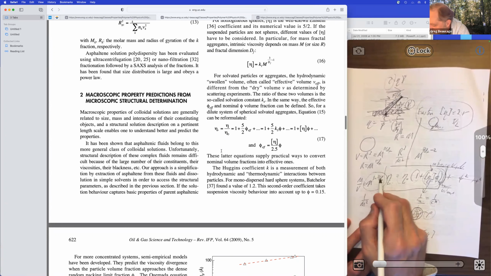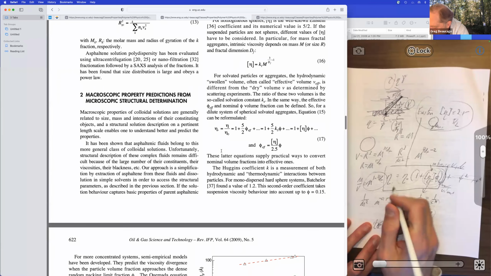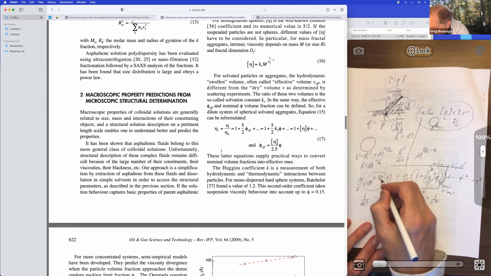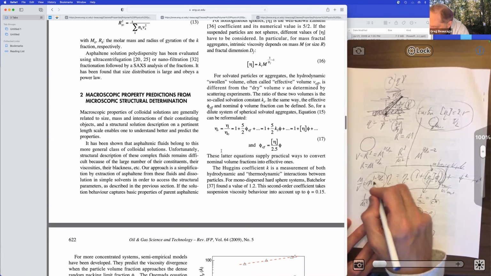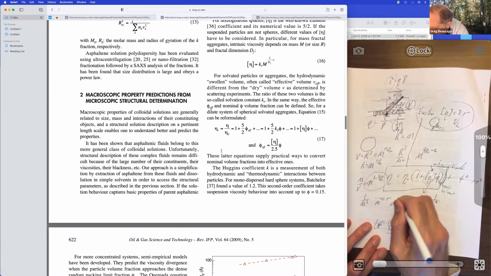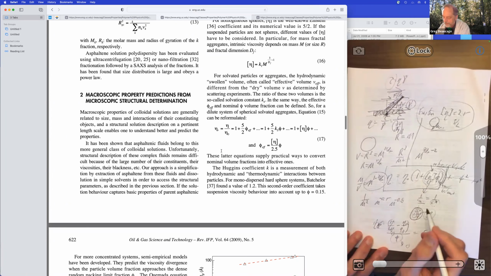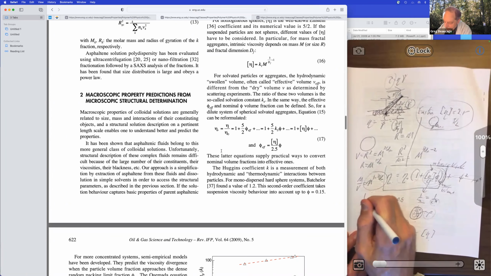And for Gaussian, df is 2, so this is 1 minus 1.5, so it's m to the minus 0.5. And for good solvent, df is 5/3, so 3 over df is 9/5, and 1 minus 9/5 gives you minus 4/5, or minus 0.8. So for rods, I have minus 2.